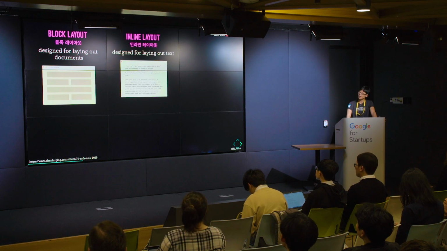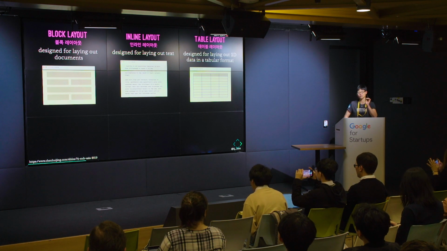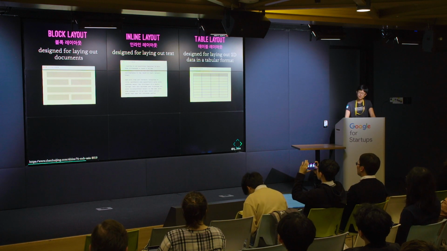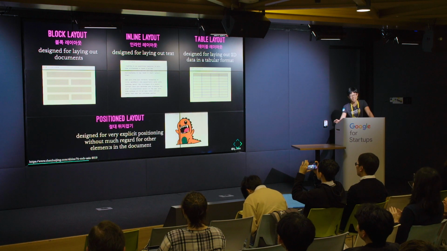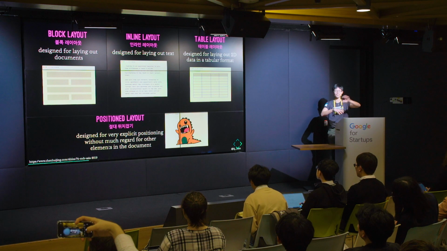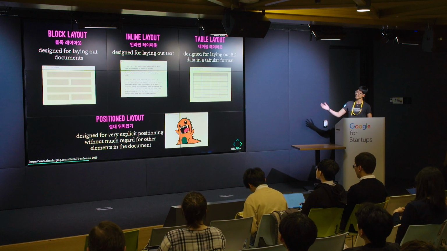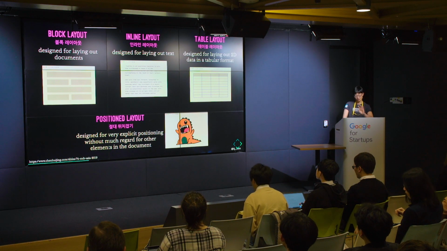We had inline layout for text. And then we had table layouts, which are meant for doing tables. And then we also have position layout, which was like an escape hatch, because then your elements ignore other elements on the page, like a dinosaur going rah. So we had 4. We had 4 for a while.